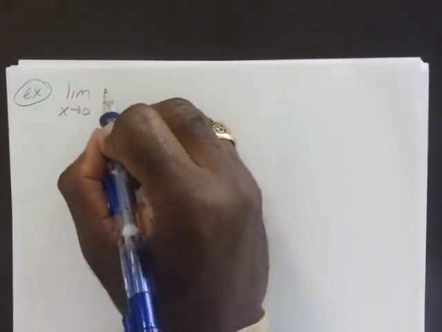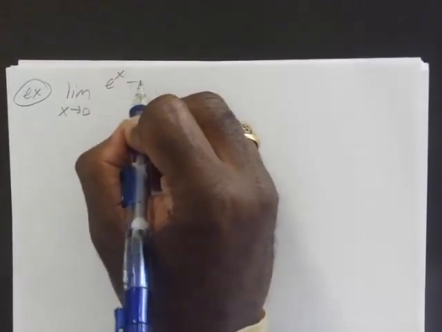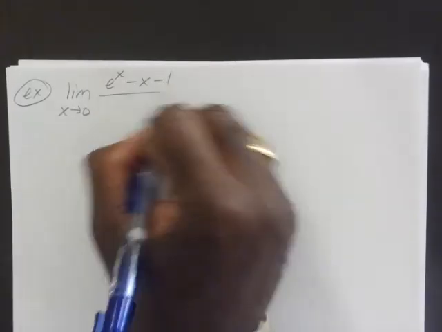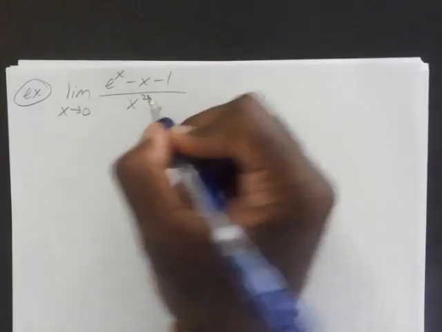Okay, so let's say we wanted to find the limit as x approaches 0 of (e to the power of x minus 1) divided by x squared.